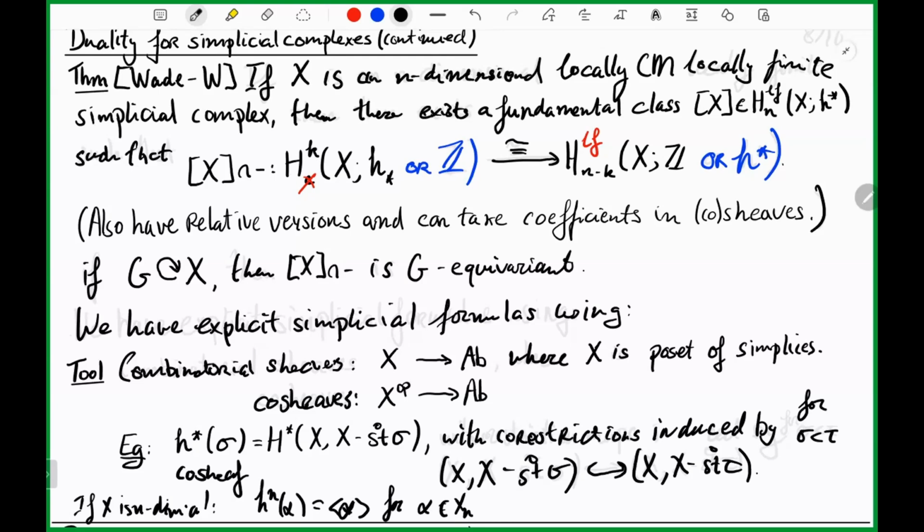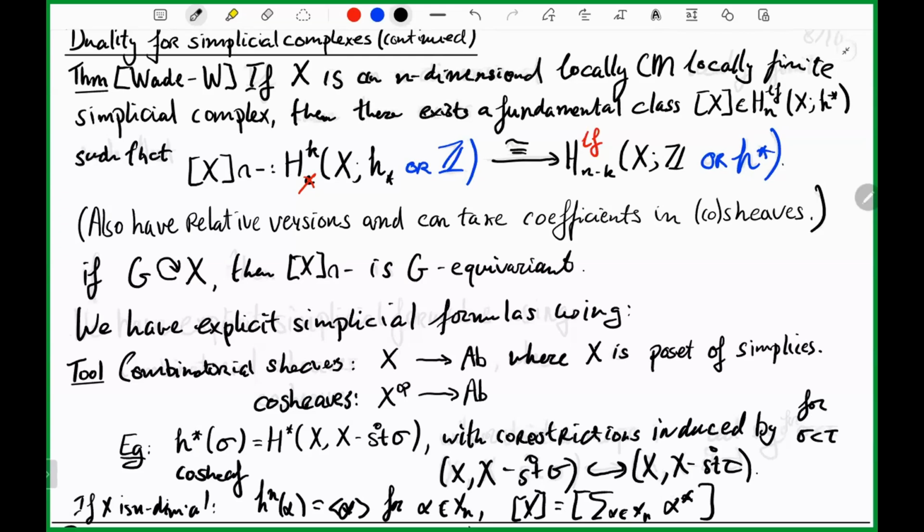It's not that hard to convince yourself that if you look at the maximal simplex, the only thing you see in the local homology of the maximal simplex is the maximal simplex. And so what I can do is write my fundamental class as the sum over all n-simplices of the generator associated to the n-simplex in the local homology. So that answers your question. For each maximal simplex, you take the class in local homology of that simplex, which is given by just the simplex itself, or its dual.